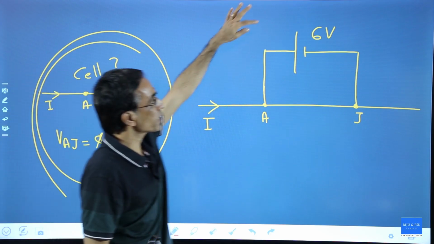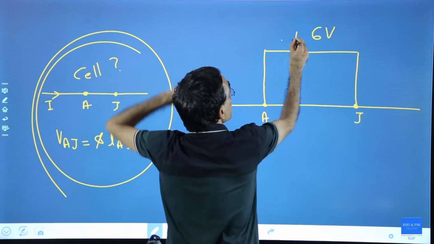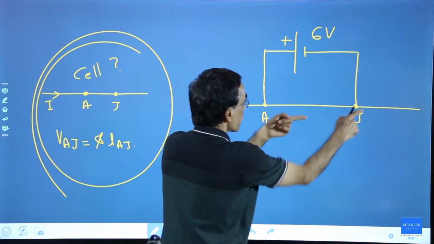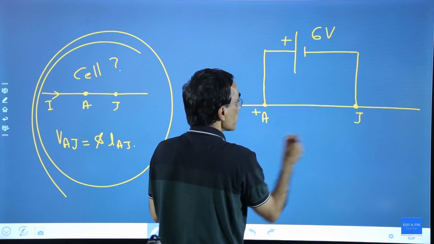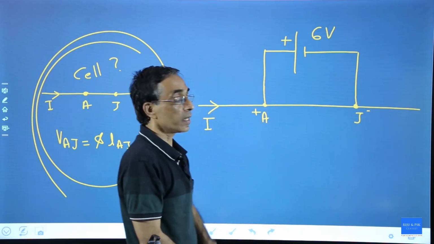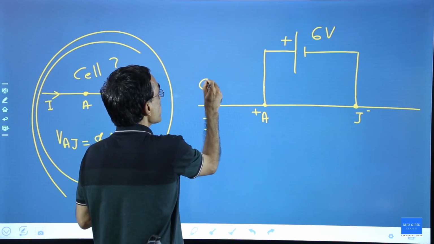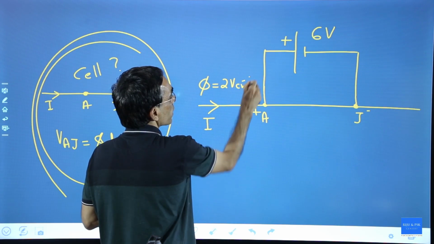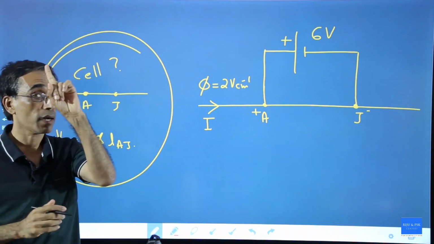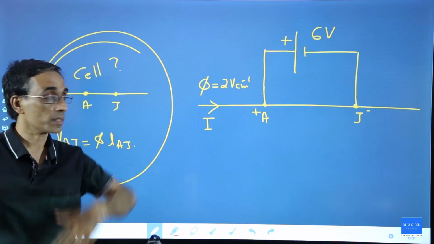Look here. 6 volt, it is positive, current going. For the section AJ, this is positive, this is negative. Consider that this has got a potential gradient of 2 volt per centimeter. I told you that example earlier.